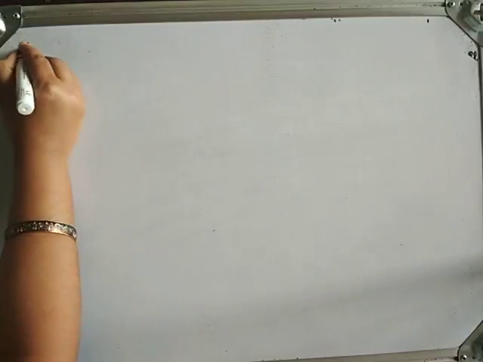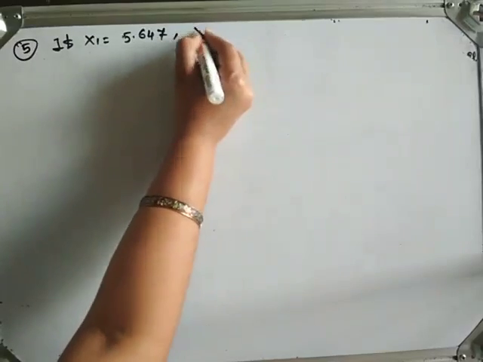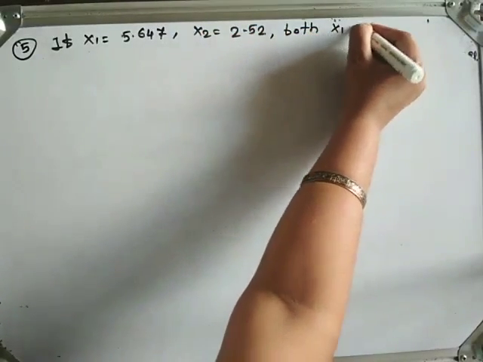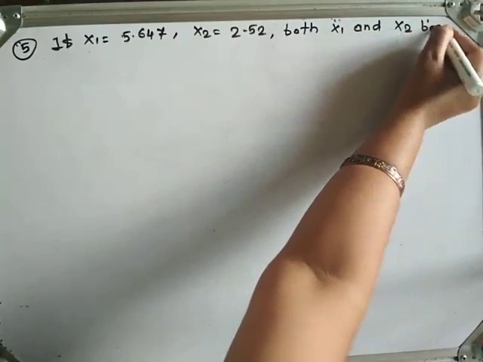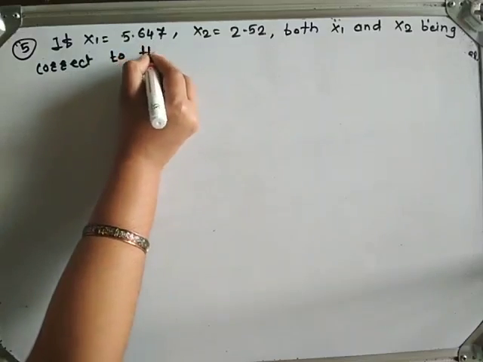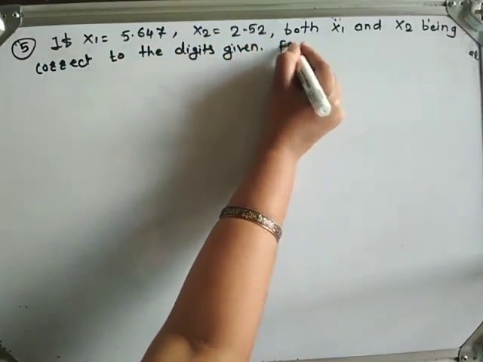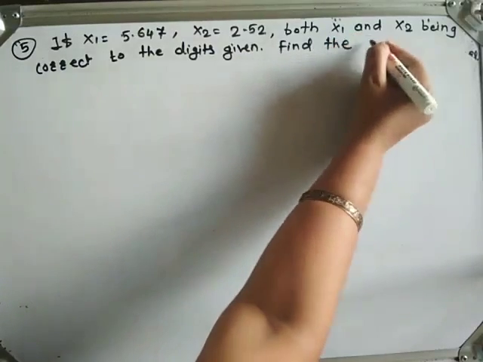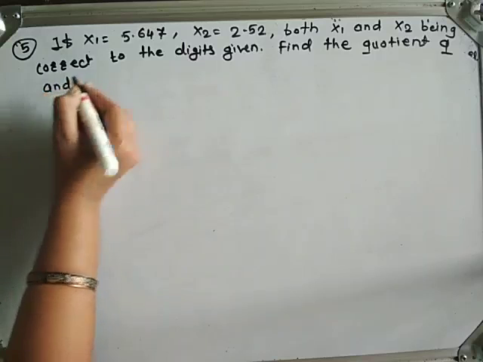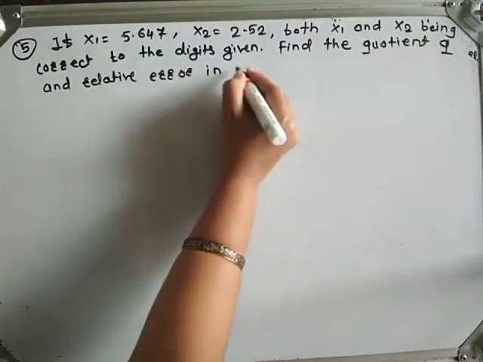Let us take the fifth example. If x1 equals 5.647, x2 equals 2.52, both x1 and x2 being correct to the digits given, find the quotient Q and the relative error in the result.